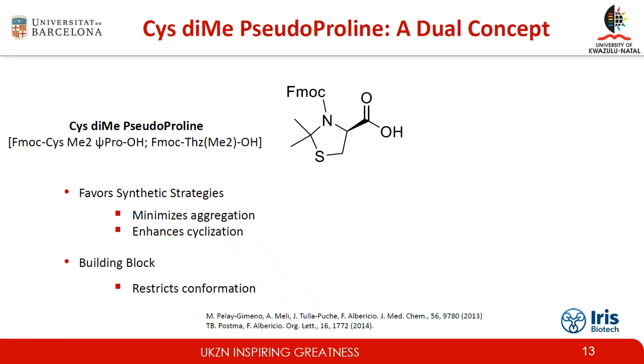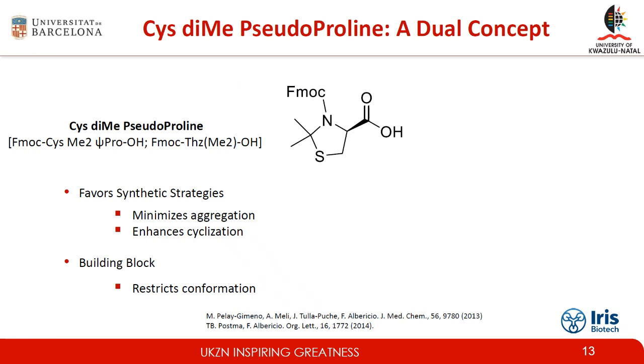The first protecting group that I will talk about is a dual concept: the pseudoprolines. Pseudoprolines were developed by Thomas Haack in the group of Manfred Mutter in Switzerland many years ago, and they are very popular for serine, but also for cysteine, to minimize aggregation, to break interaction between the chains, and to facilitate the stepwise synthesis.